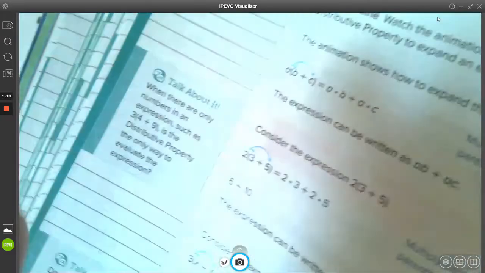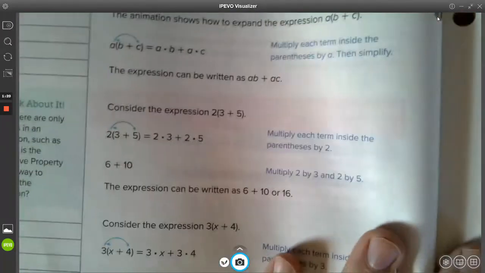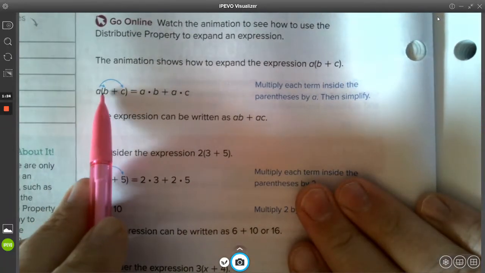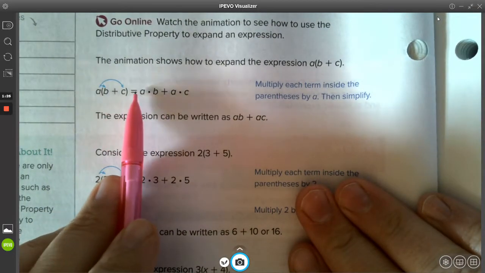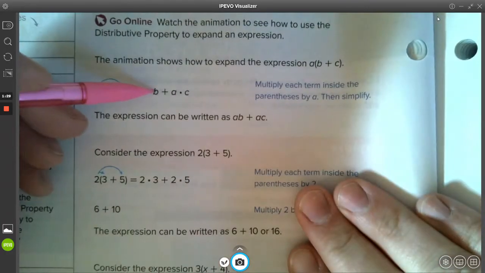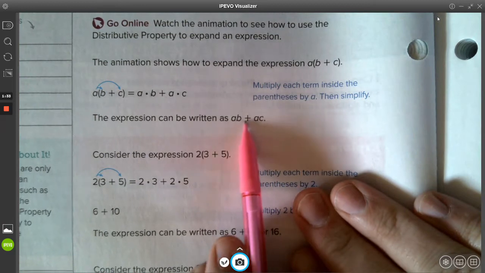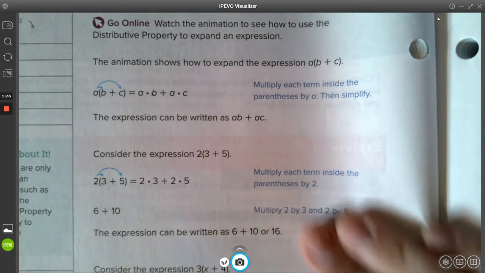All right, so let's go ahead and practice a couple of these. If you are given a problem like this, A times (B plus C), it would be the same as A times B plus A times C. So we could rewrite this expression as AB plus AC.